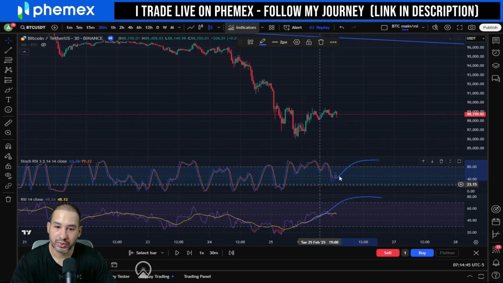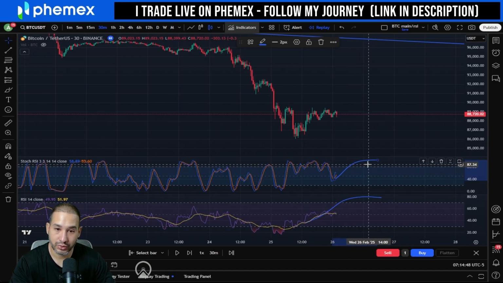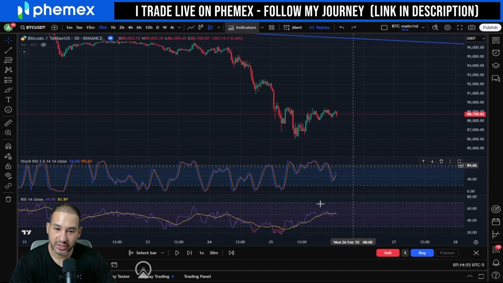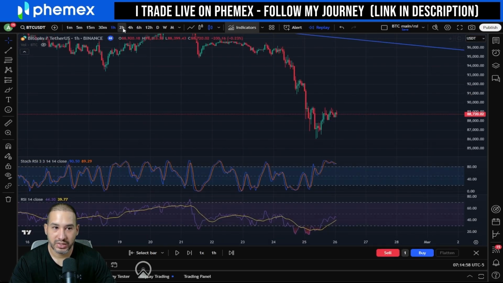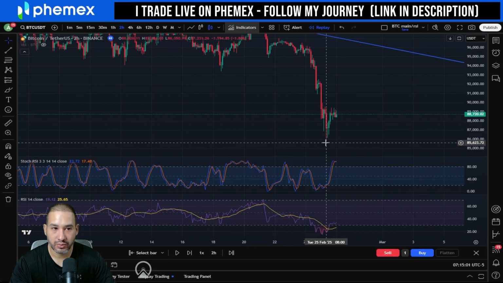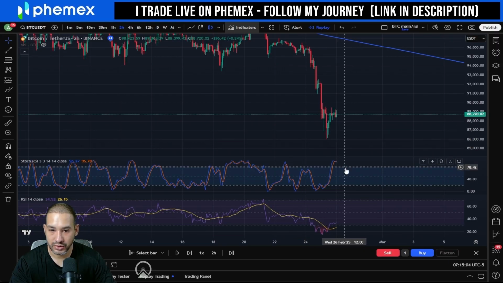I'm like, oh shoot, the lower time frames are starting to show strength, like on the 30-minute and 1 hour. And if that's showing strength on the 30-minute and 1 hour, that strength is going to continue to roll over into the larger time frame, like here.